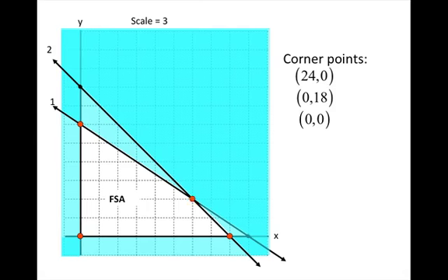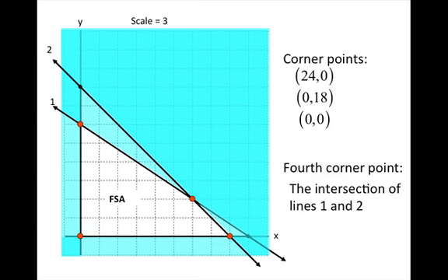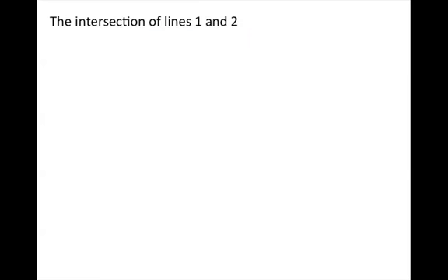And then my fourth corner point occurs where lines 1 and 2 intersect. So the fourth corner point is at the intersection of lines 1 and 2, and I always find that using substitution. So let's look at the intersection of lines 1 and 2.